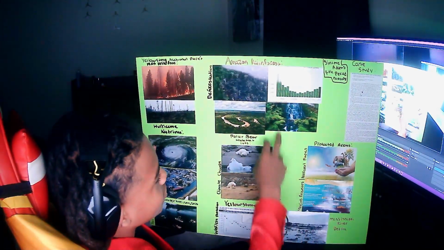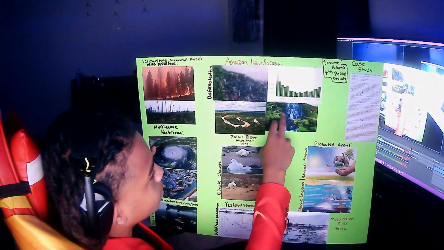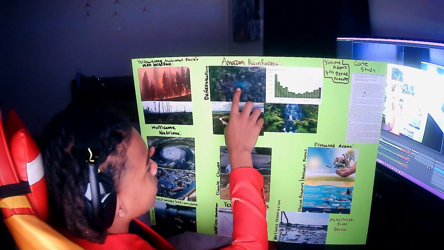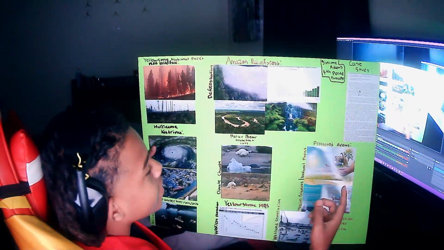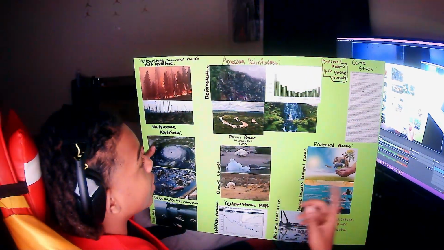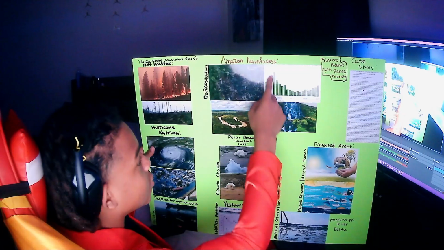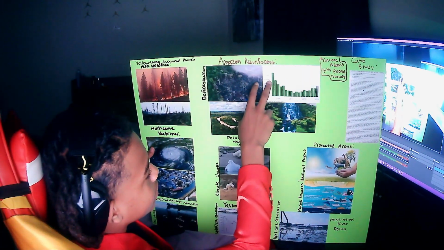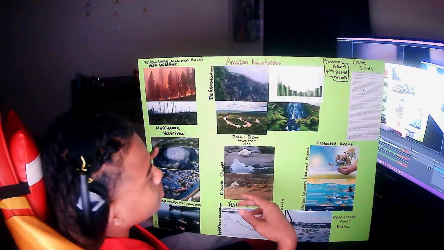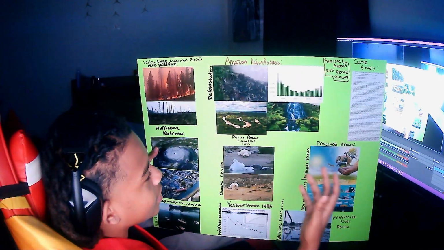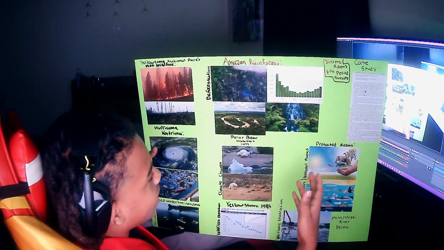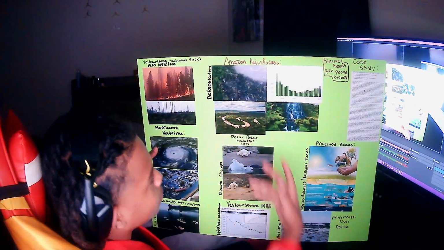This is another picture of the Amazon rainforest, showing an impact of deforestation. And I have a chart over here. Deforestation decreased over the last decade or so, but it was at its highest around 2000.